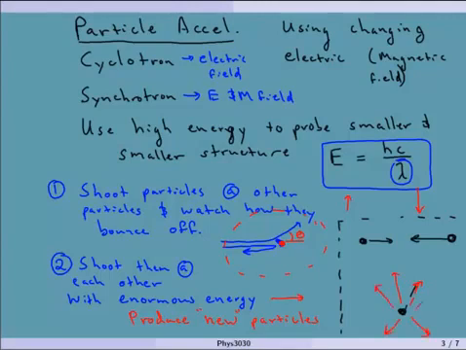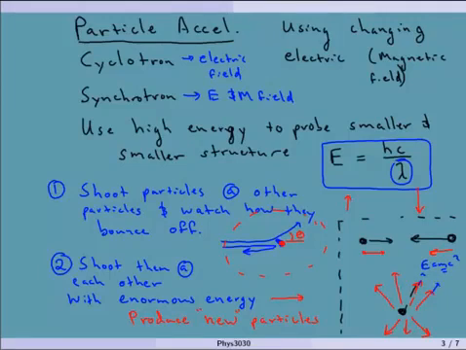In the first case, you don't really have enough energy to do this. In the second case, there's so much energy in these particles that, because of E equals mc squared, the energy of the particles gets turned into even more mass, and it creates all of these particles.